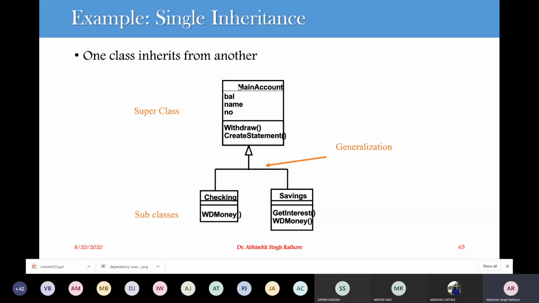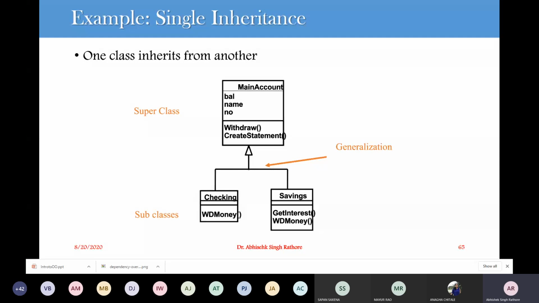So we have some main account in our bank. It has some attributes like a balance, the name, the account number, and so on. This main account provides a high level of abstraction, while we have different types of account, like a saving account, a recurring account, or a checking account, and so on. When we provide a high level of abstraction, we can provide the balance, name or number that are available in all types of accounts.